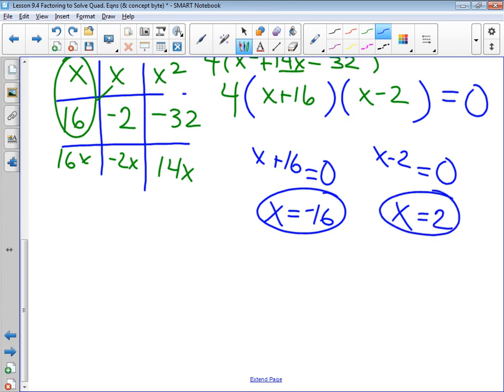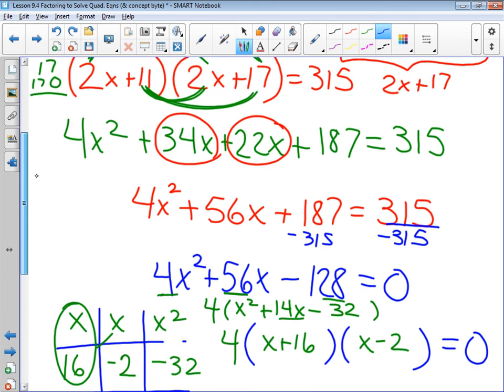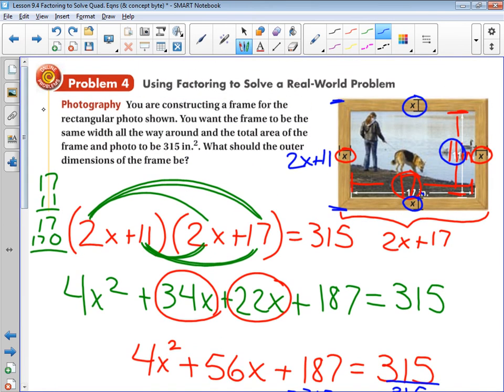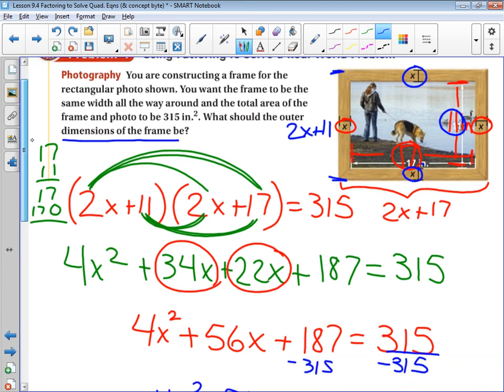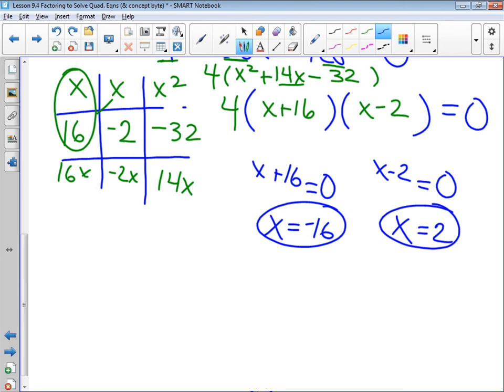Now that's great if all you have is an equation, but this isn't just an equation, this is a story problem. So let's go back up and remind ourselves what it is we're working on. The question is, what should the outer dimension of the frame be? You have two answers. Which one is the best answer? Well, you can't really have an outer frame that's negative 16 inches, so you have to go with the positive answer, which is 2.